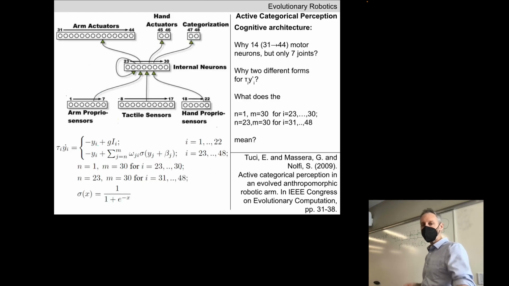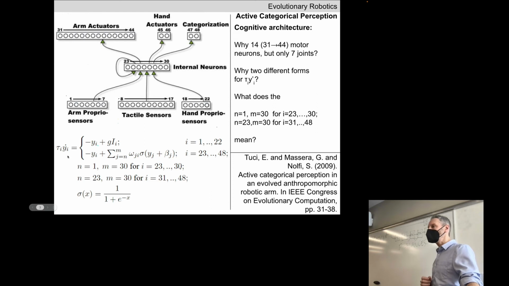Okay. So that's the body of the robot. Let's have a look at the brain of the robot. Let's start up here. All of the circles here represent a neuron, and you can count them all up. There's a total of 48 neurons in this CTRNN. We're going to skip back and forth from the visual representation of the CTRNN and its formal description down here.